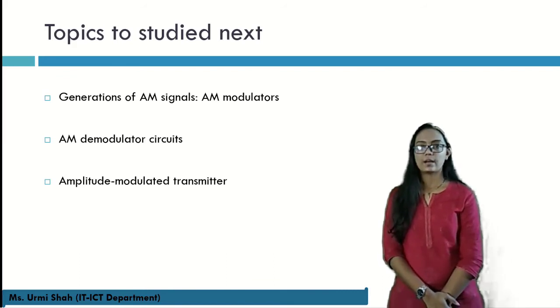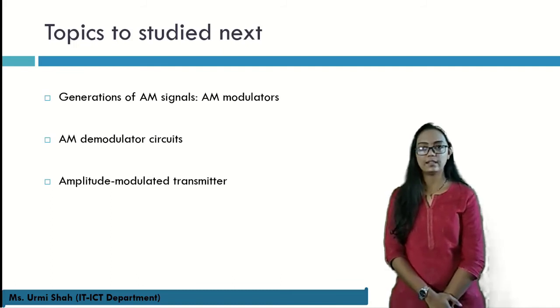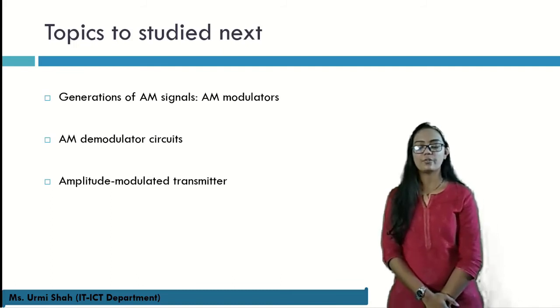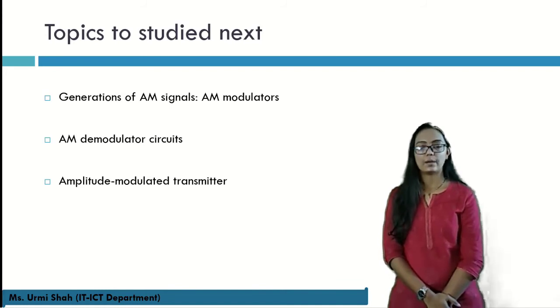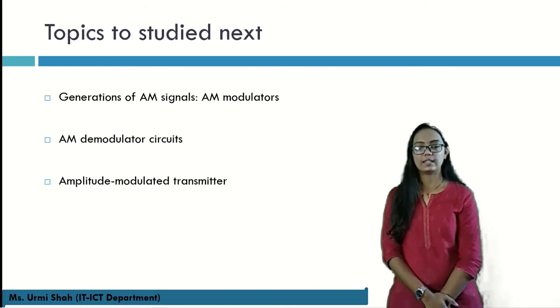Now in the upcoming sessions, we will be seeing the generation of amplitude modulated signals using amplitude modulators. Then we will see amplitude demodulator circuits, and then the amplitude modulated transmitter.